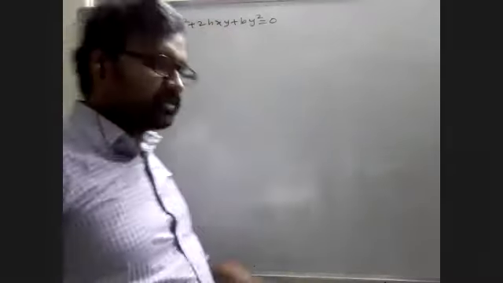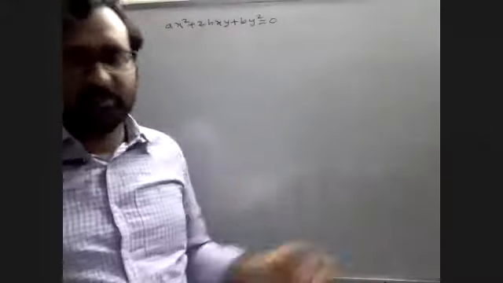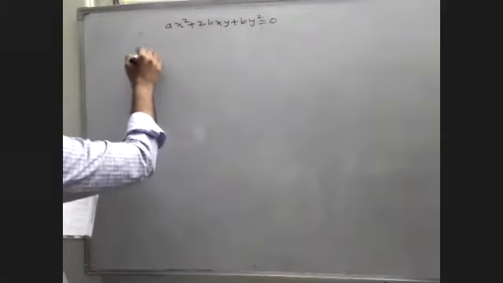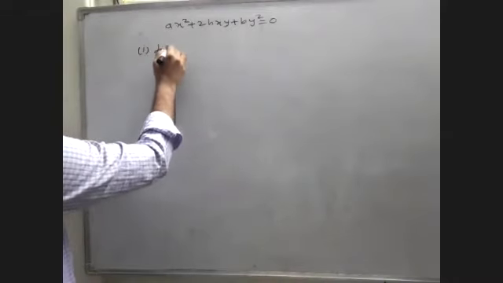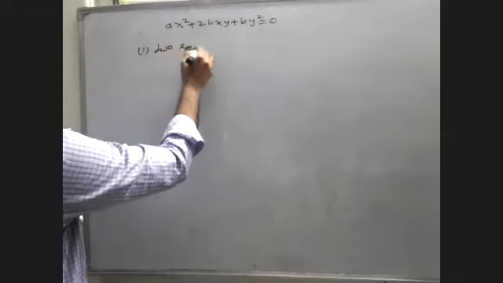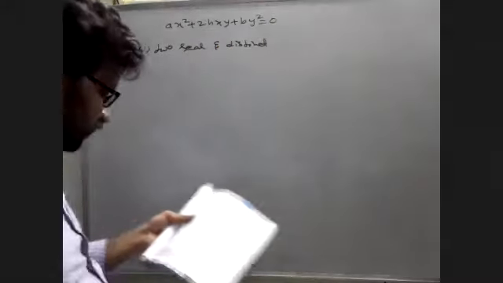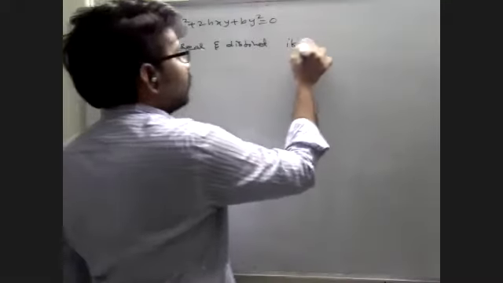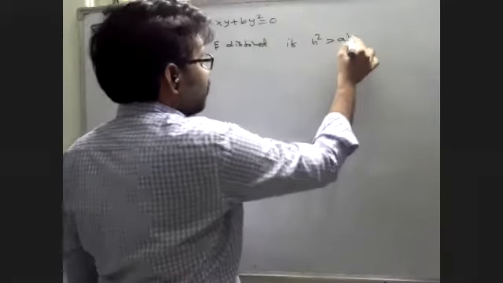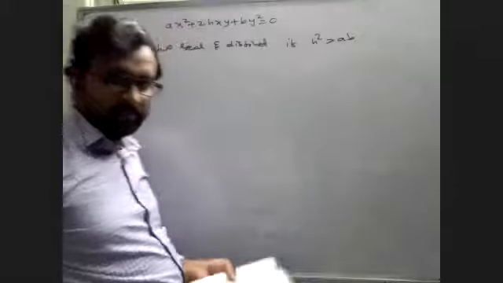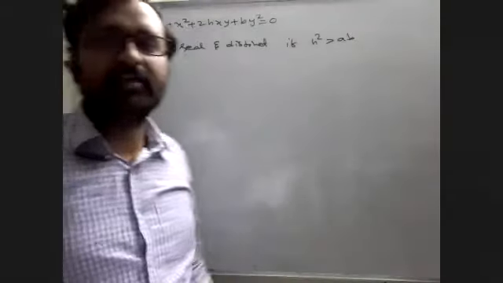Depending on some conditions, the two lines are real, imaginary and so on. So first condition: this represents two real and distinct lines if h square greater than ab. If h square greater than ab, then the lines are real and distinct.